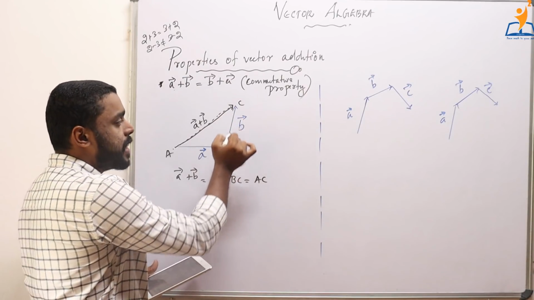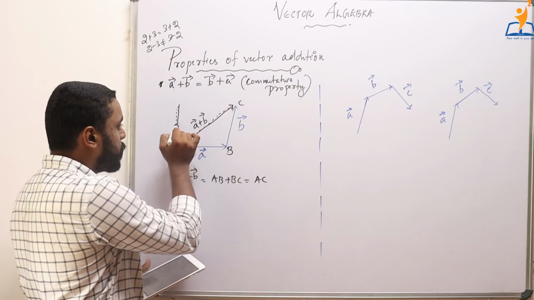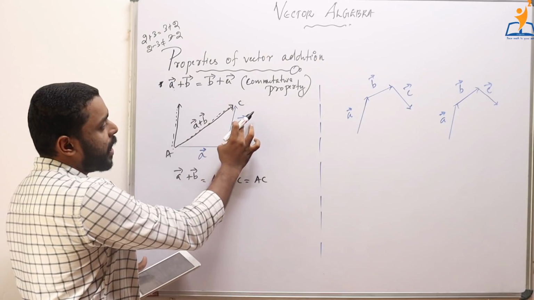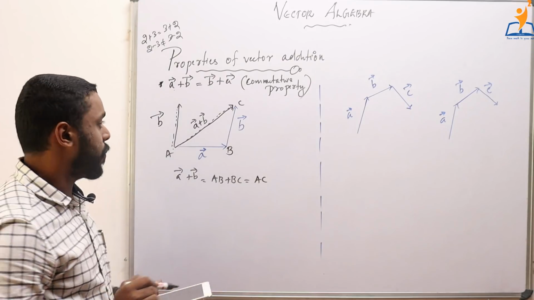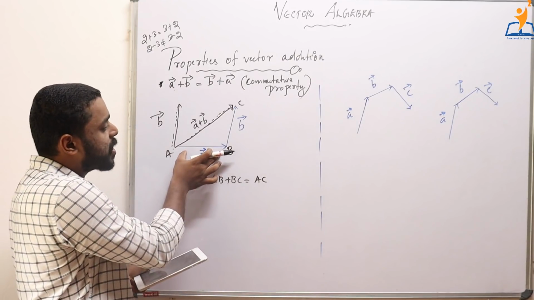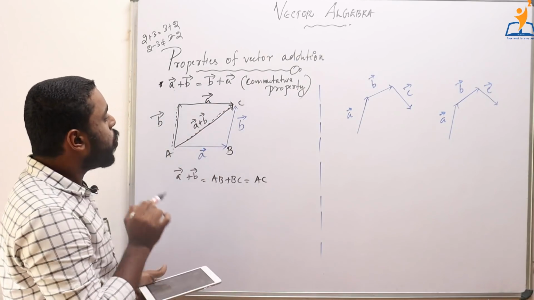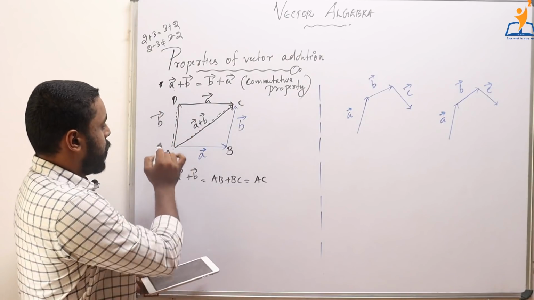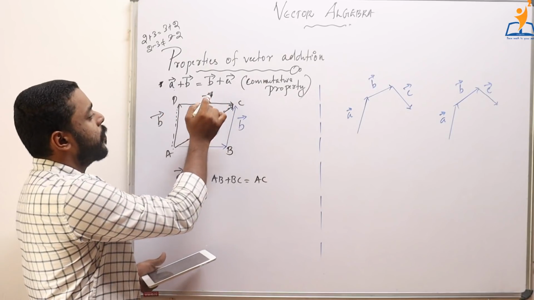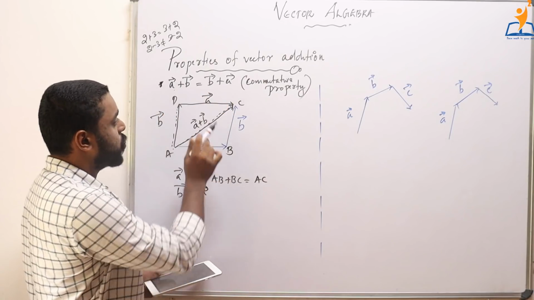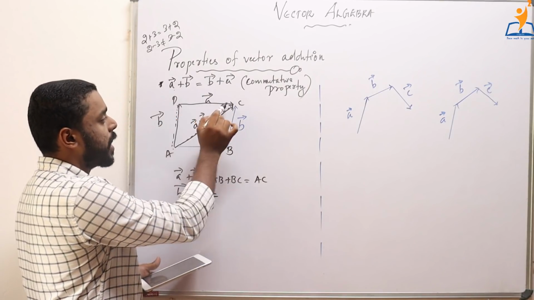Since this vector is B, by the parallelogram law, or by making it the sides of a parallelogram, we displace this vector to this position to get this vector as B itself. And since this vector is A, we can displace this vector to this position, so it will become vector A. So again we have vector B plus vector A. See, these are two sides of a triangle.